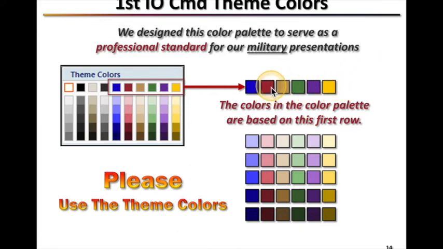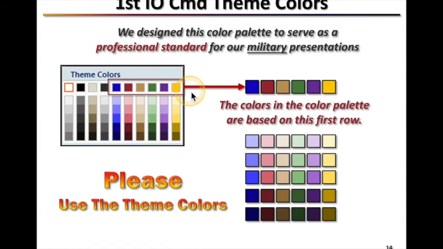So typically you have red, green, and amber for different things that you need to display, stoplight charts and things like that. So the idea is we really want people to try to use these colors in that row right at the top. And again, as I said before, these other colors in the matrix, in the palette through here are based on that top row.